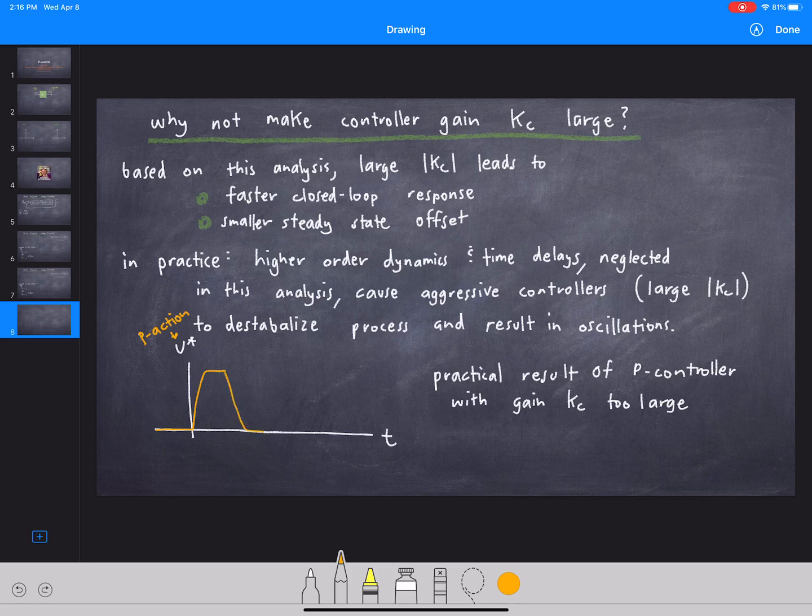Then it will shoot up and remain fully open for a while, and then it'll shoot down. So this is what it will look like. What you'll see is bang-bang of the control valves as it goes up and down, and you'll see oscillations. This is a result of an instability. We can actually show this with the mathematics if we account for higher order dynamics and time delays, which we'll do later.